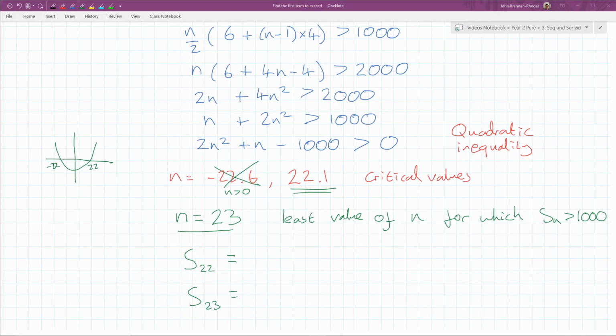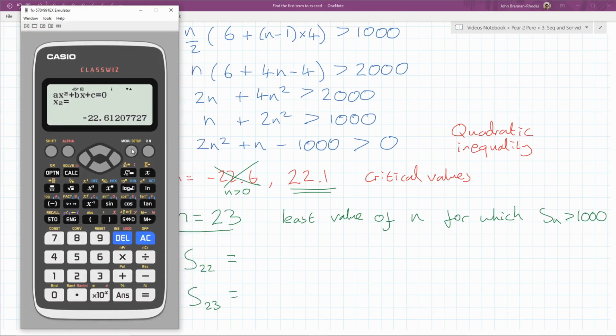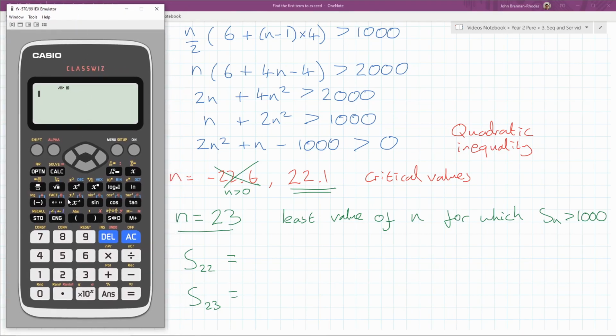So let's go back to our calculator. Let's go back to this setting and type in, using the sum formulas, what these are going to be. Okay, I'm going to use x as n and save a bit of time for my S22 and S23.